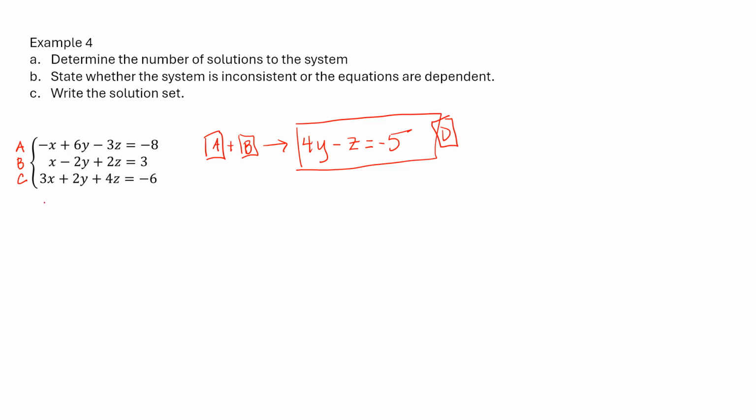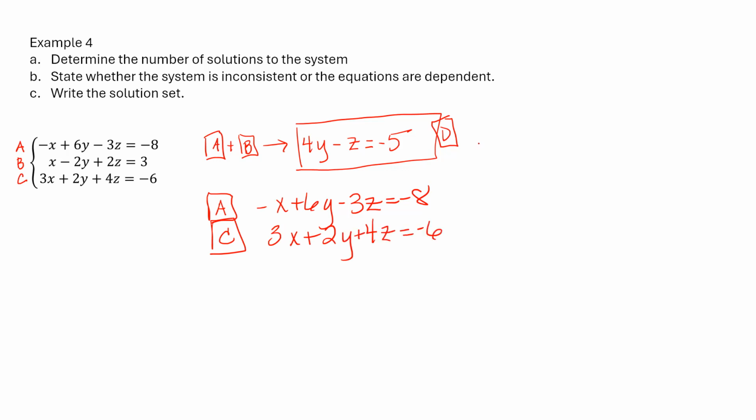Now I need to eliminate the x in the third equation, and to do that, I will work with equations A and C this time. Equation A, I'll rewrite as negative x plus 6y minus 3z equals negative 8. And equation C, I will rewrite as 3x plus 2y plus 4z equals negative 6. Now I will multiply the A equation by 3 so that it will cancel the x in the other equation.